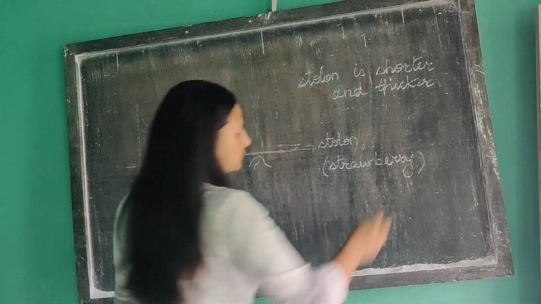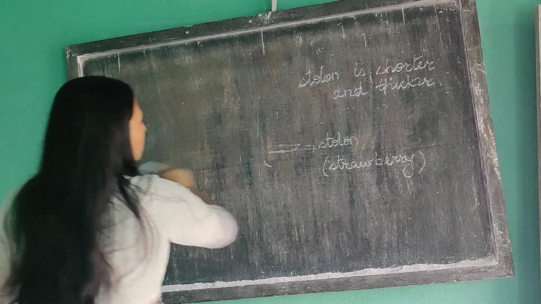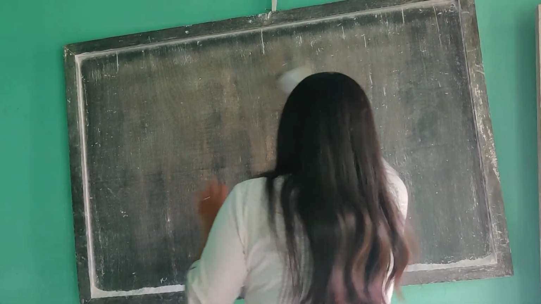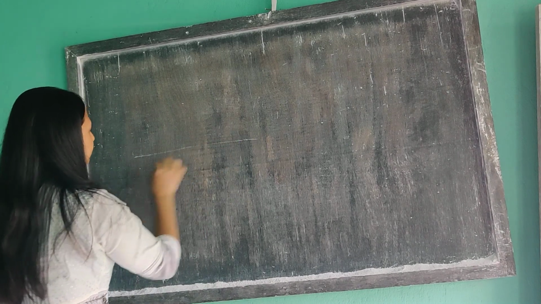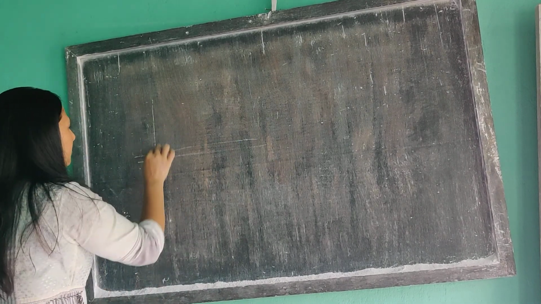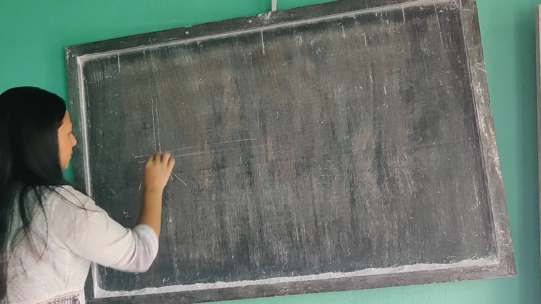Now there is another type of subaerial stem known as offset. What are offsets? Again the same thing happens. There is a plant having roots.